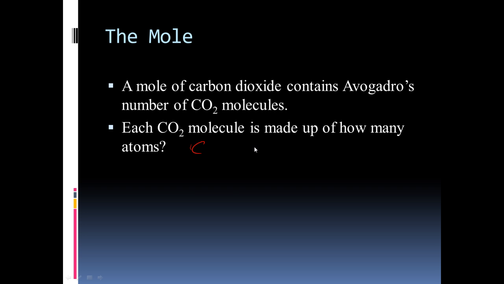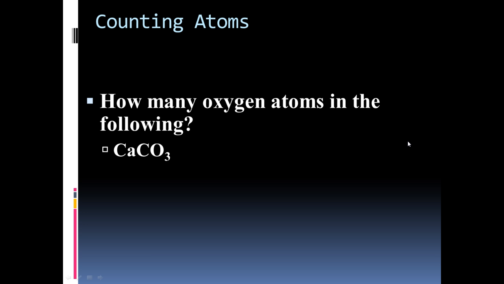You've got 1 carbon and 2 oxygen. So each CO2 molecule is made up of 3 atoms. We want to be sure that we're understanding our terminology as we're adding new vocabulary.